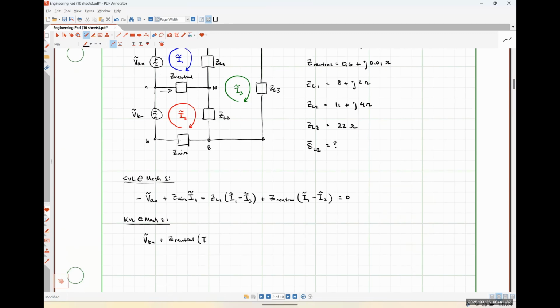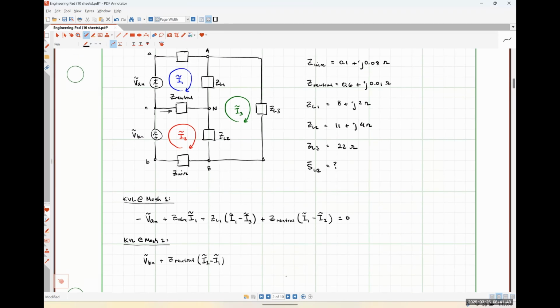So if it's not obvious, and it's okay if it isn't, when we are following essentially our mesh current 2 around this loop, so when we're applying KVL at mesh 2, all of our I2s should wind up having a positive sign if I choose everything in a clockwise fashion. Just like when we did our KVL around mesh 1, all of our I1s had a positive sign, okay? So Z neutral times I2 minus I1.